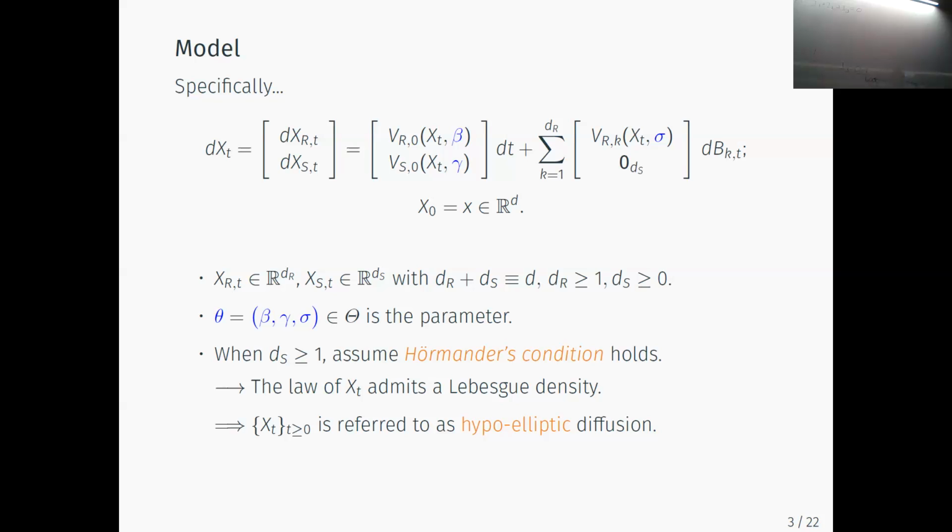Roughly speaking, this tells us that even though the smooth component is not directly driven by the Brownian motion, V_0^S strongly depends on the rough component X^R, so the stochasticity of X^R propagates into X^S. Then, as a whole system, this system is stochastic. So Hörmander's condition roughly tells us that kind of information. And under this situation, the solution process is referred to as hypo-elliptic diffusions. So this is the setting.